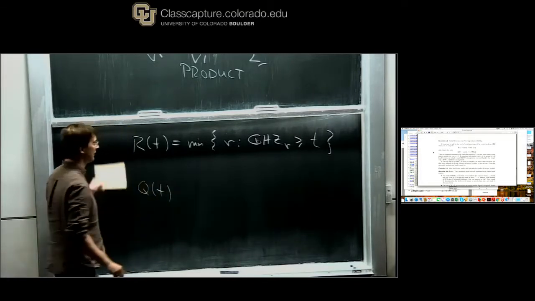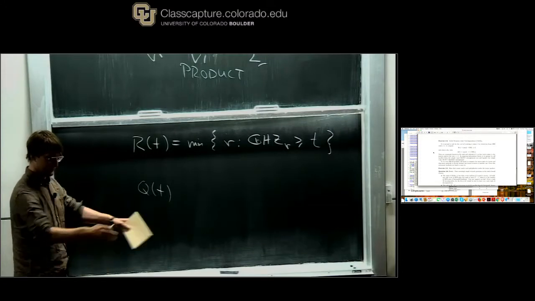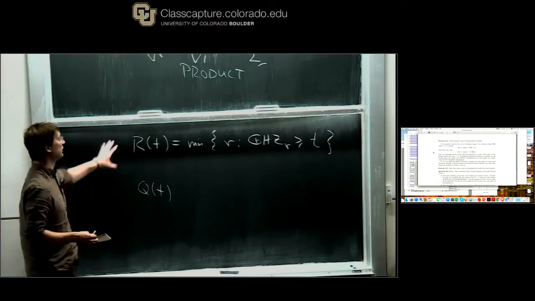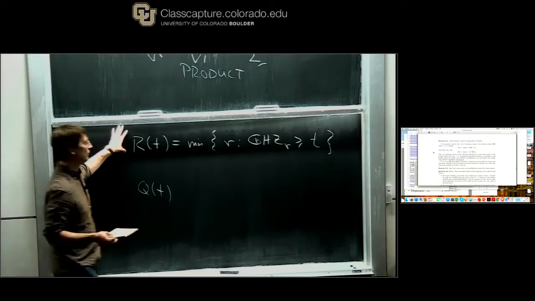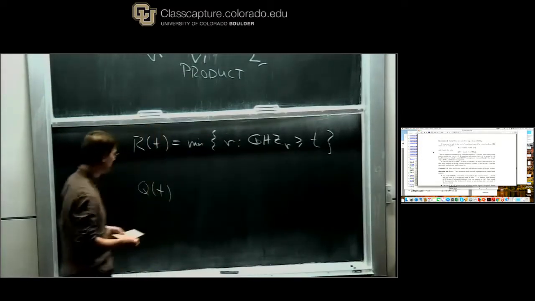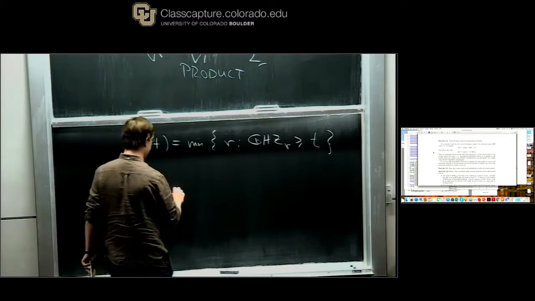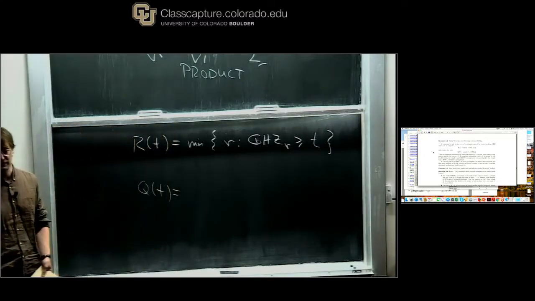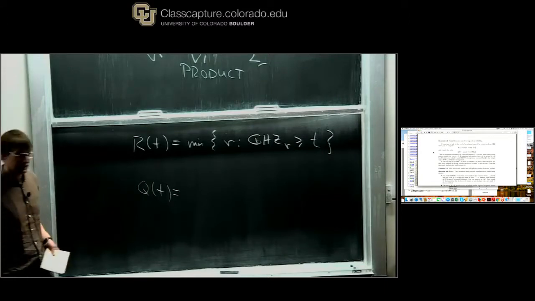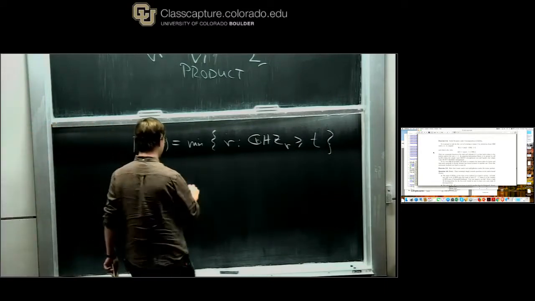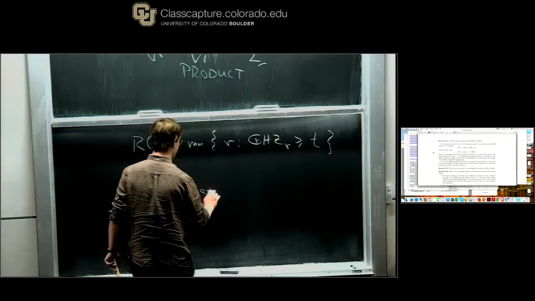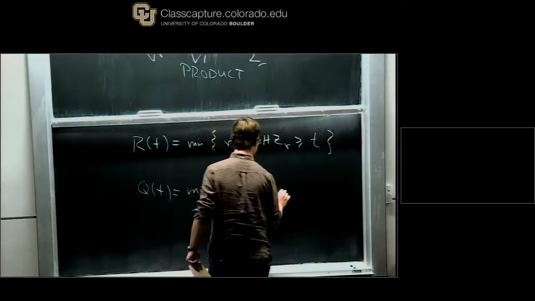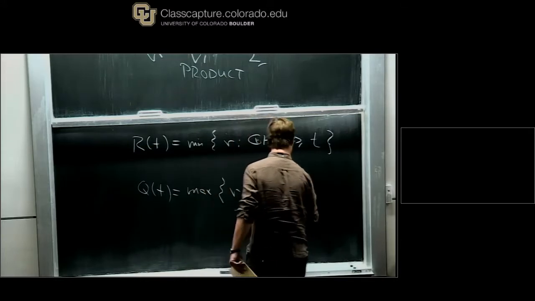That was kind of the amount of GHZ state needed to create the state, so it was your entanglement cost. Maybe the log of that would be the entanglement cost. And then, if you have an entanglement cost, you also have the value of it, how much you get for it when you sell it again, and that's the maximum R such that T restricts to GHZ of R.